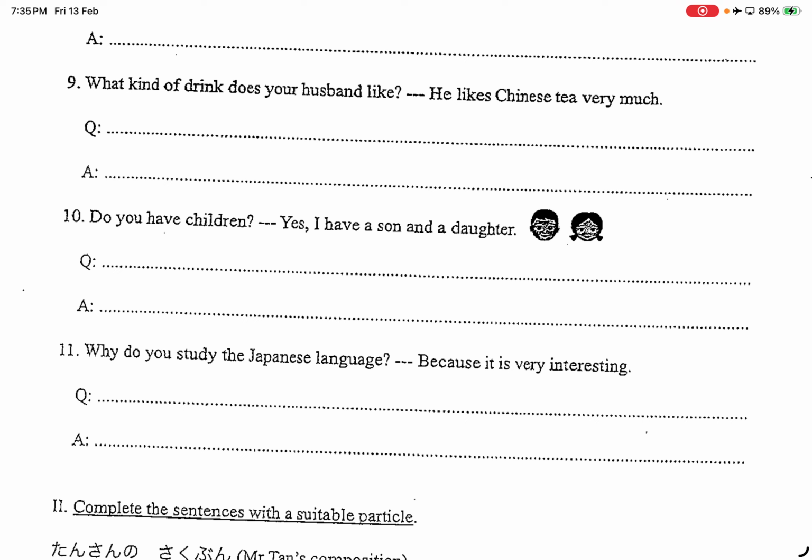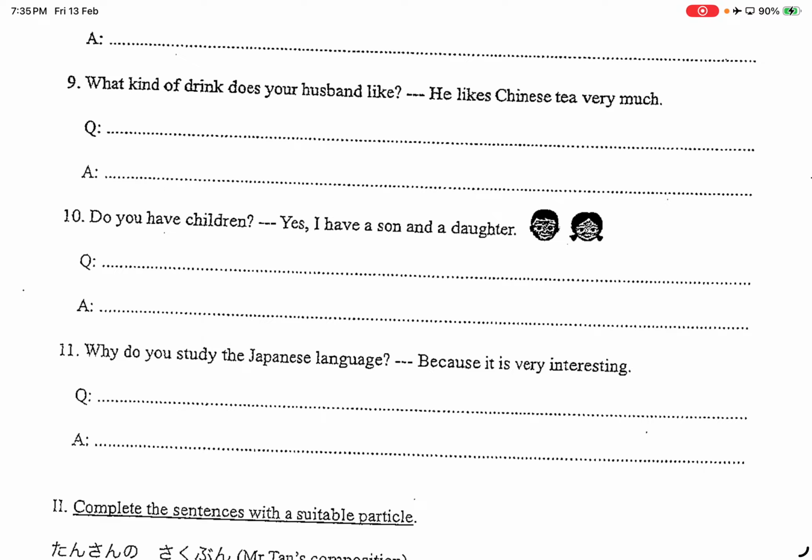That means you don't say who is high or who is head of household. Even the husband can say uchi no okaa-san, the mother of my household, referring to the wife. So it's more neutral in this case. There's no, wow, I'm higher status than you. So more naturally people use that.